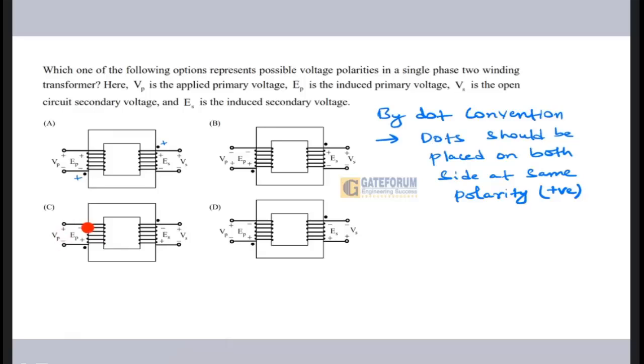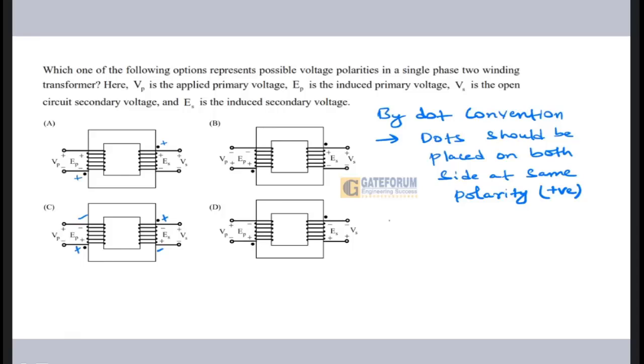So this one is correct, but here if you see, this is plus, this is minus, and this is plus, this is minus. So here Es and Vs are opposite in phase, so that is not correct, because the secondary side induced voltage and the secondary side output voltage are in phase, right?